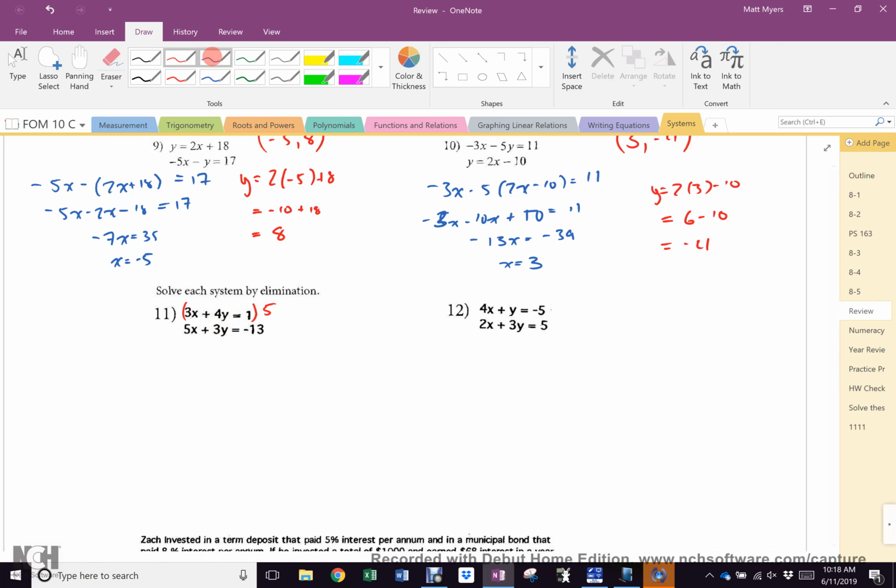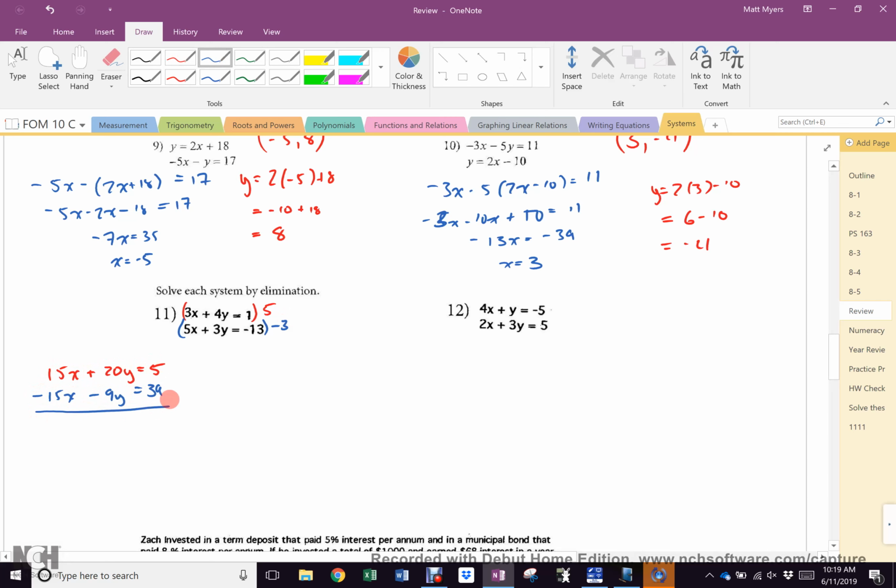So I have to multiply this one by what? 5. And this one by what? Negative 3. Because it's easier if one is positive and one is negative. Then I don't have to subtract, right? So I end up with 15x plus 20y equals 5. And negative 15x minus 9y equals 39.